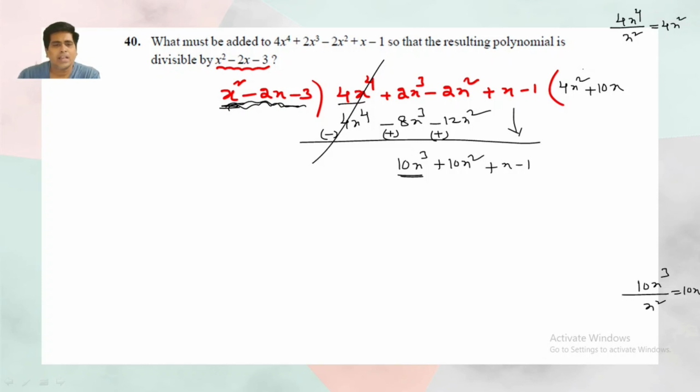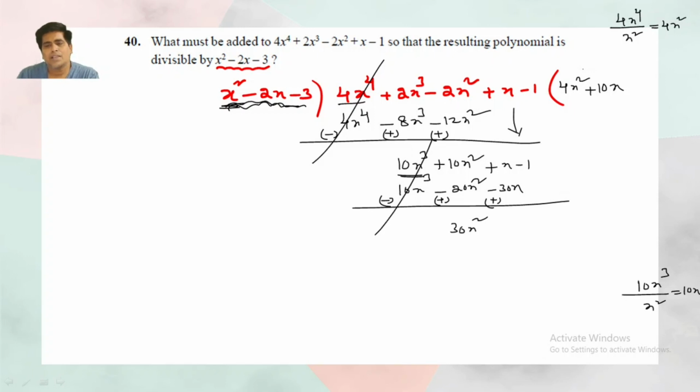X square into 10x, so 10x cube, minus 2x into 10x, minus 20x square, minus 3 into 10x, minus 30x. So once again we'll subtract, plus becomes minus, minus becomes plus, minus becomes plus. So the first term gets cancelled. Here plus 20 plus 10, total 30x square I am getting. Plus 30 plus 1, total it is 31x we are getting, and minus 1 I am taking again.